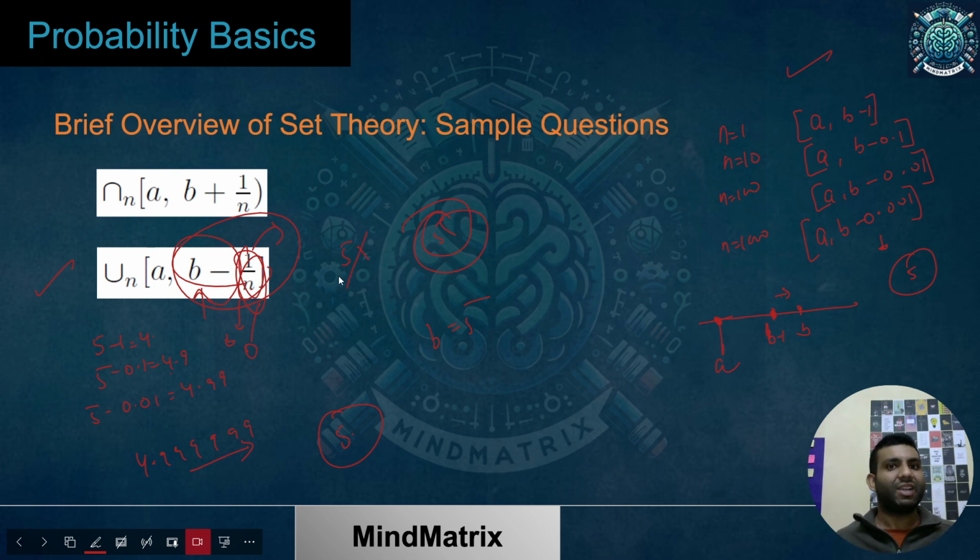But can I reach any number less than 5? The answer is yes. Because if I put n equals maybe millions and trillions and billions, whatever, I'll be getting a number just less than 5 for sure.